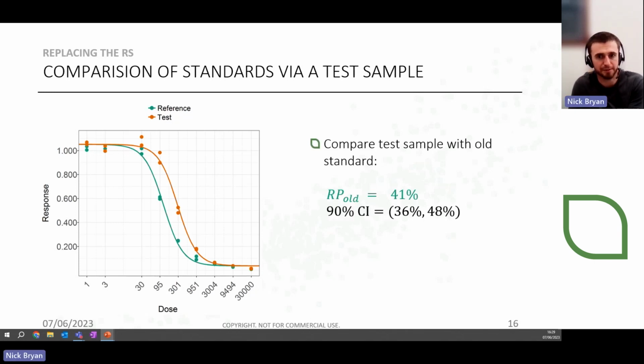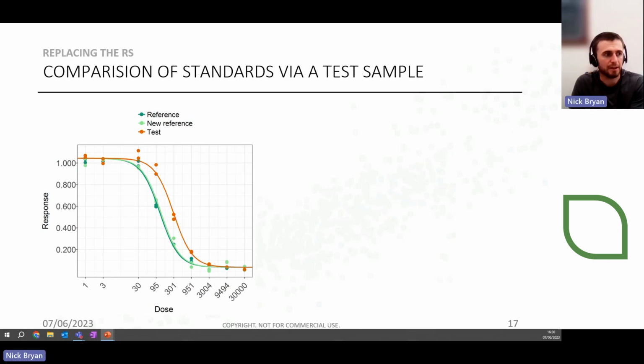When we calculate the relative potency for this test sample, which we're going to call the relative potency old, or in relation to this old reference standard, we're going to give that a relative potency value of 41%.